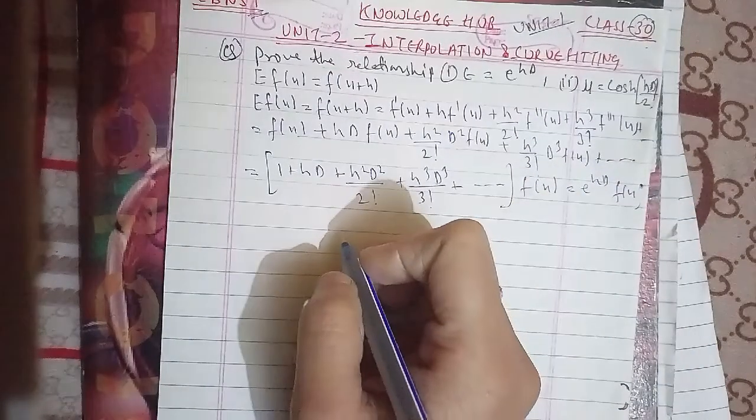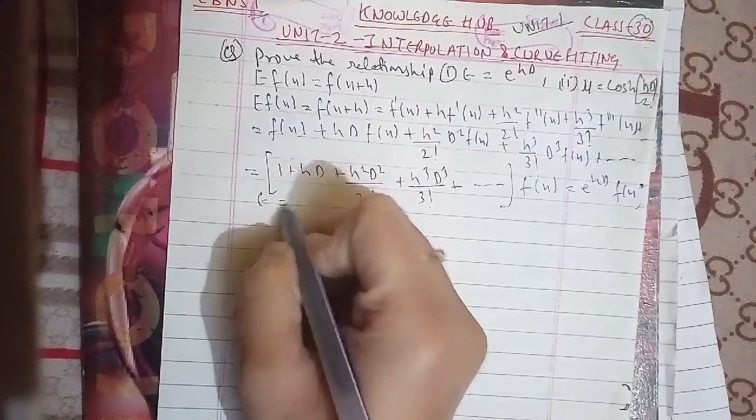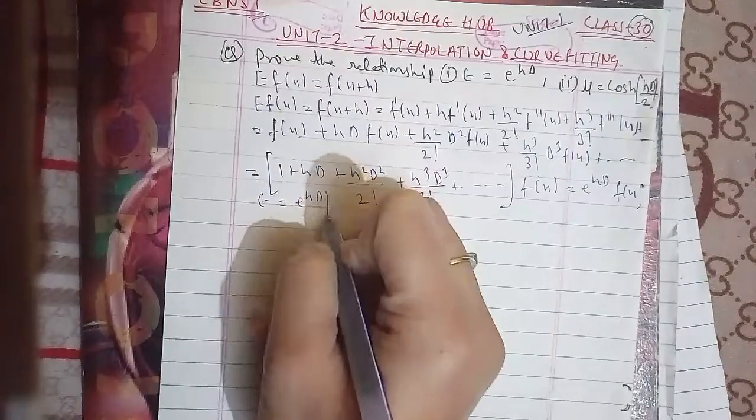Now comparing the operator of f(x) on both sides, we get E equals e to the power hD.